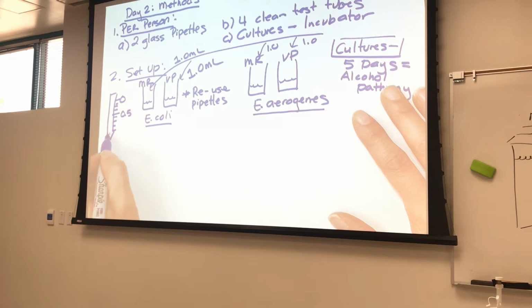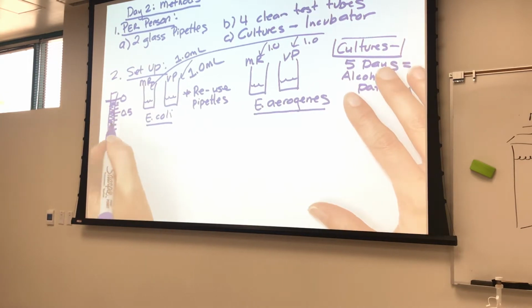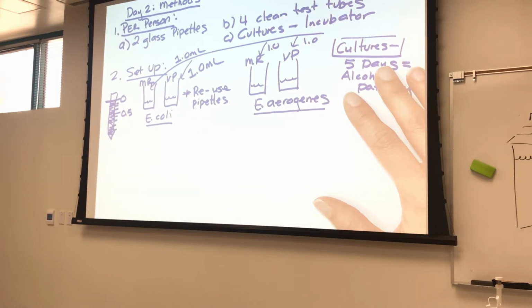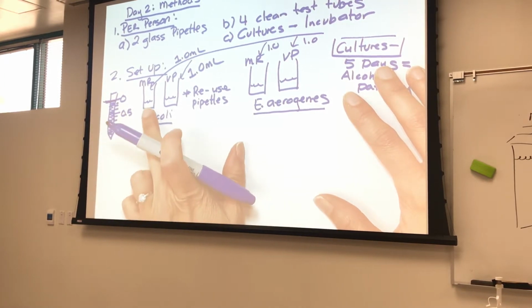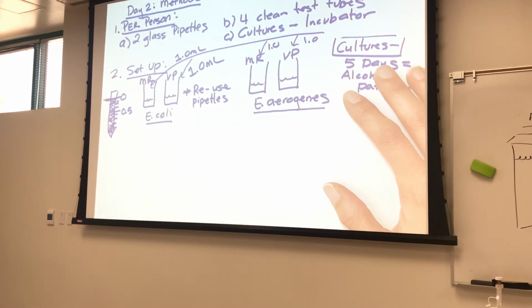So when you draw up your fluid, you actually go to the 0. The 0 will get you your full 1 ml, if that makes sense. So it counts backwards that way. You're going to draw your fluid up to the 0, and you're going to squirt it out into each of the clean test tubes.